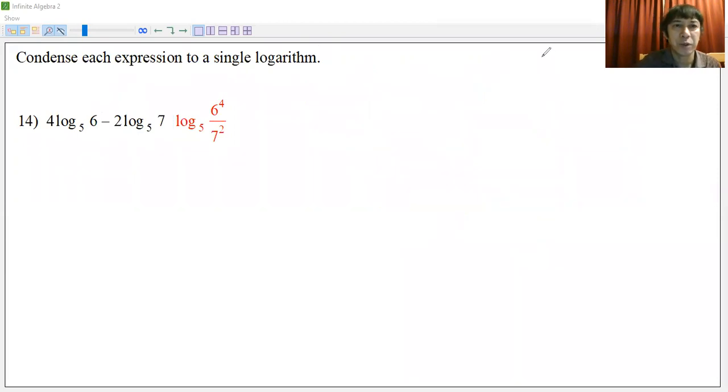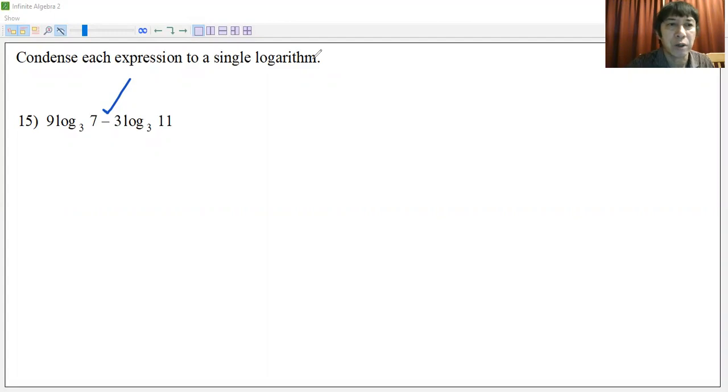Here's number 15. Condense each expression to a single logarithm. 9 times logarithm of 7 base 3 minus 3 times logarithm of 11 base 3. Again, you have a minus here, an indication of a ratio.